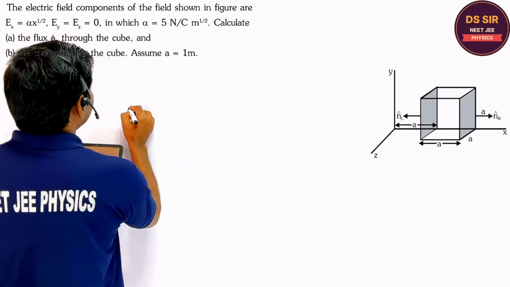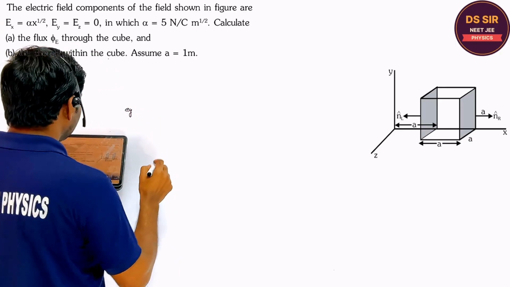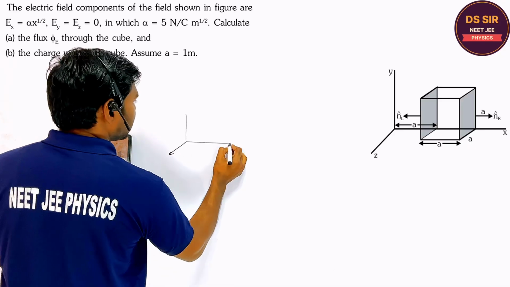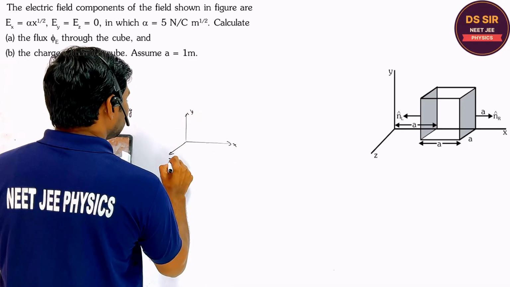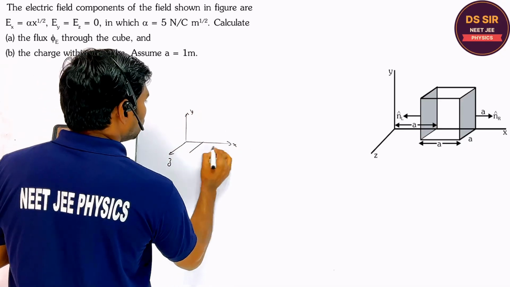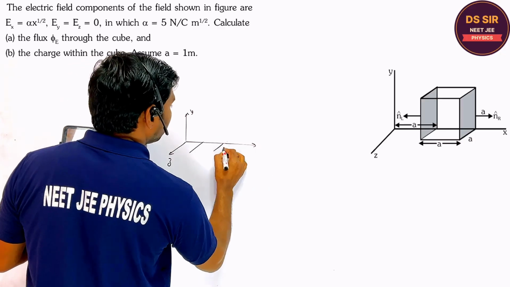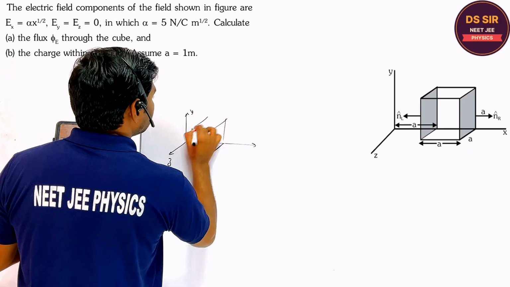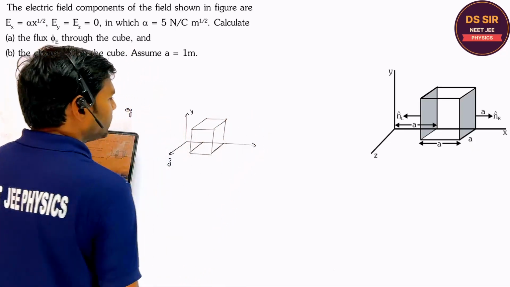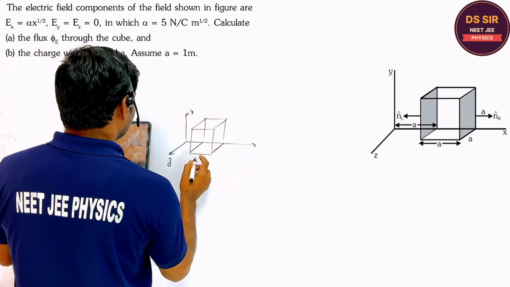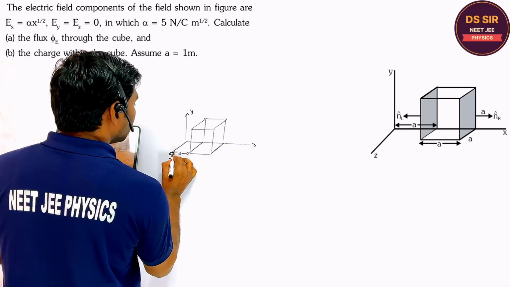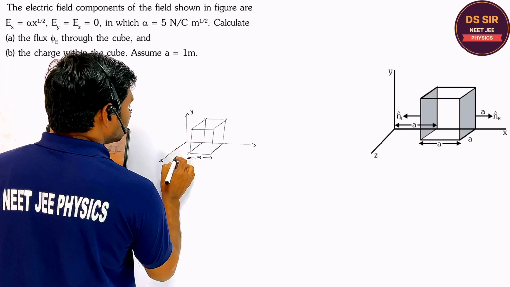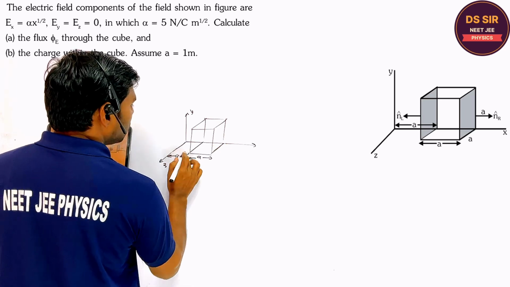So read this question. In this question, the electric field component is as shown in the figure. This is the x-axis, this is the y-axis, this is the z-axis, and this is the cube, the cubical surface. This distance is a, and this distance is also equal to a.